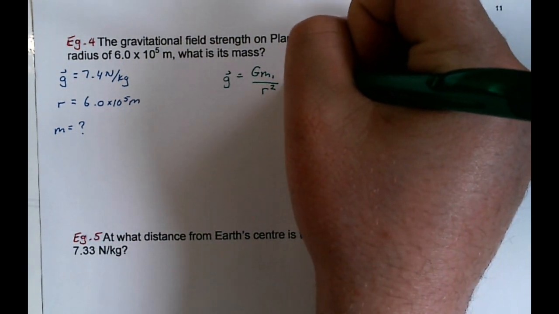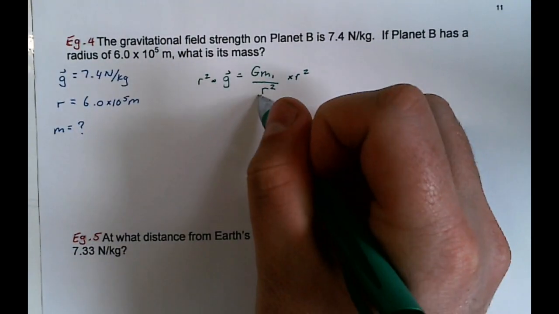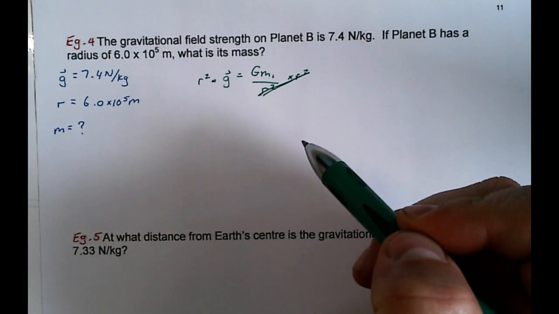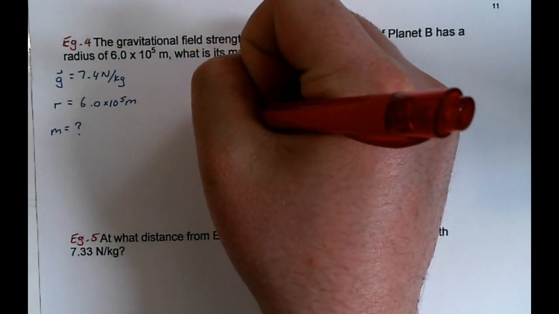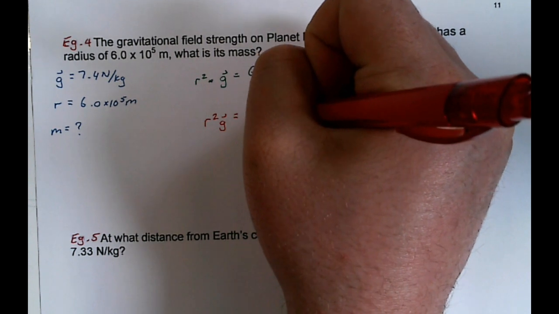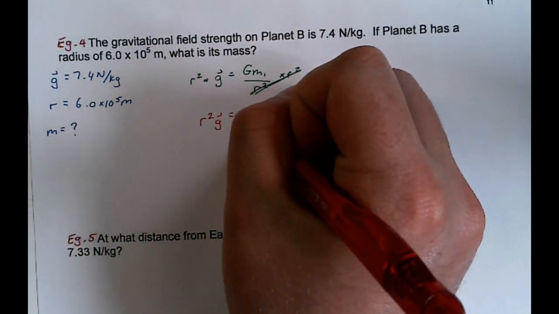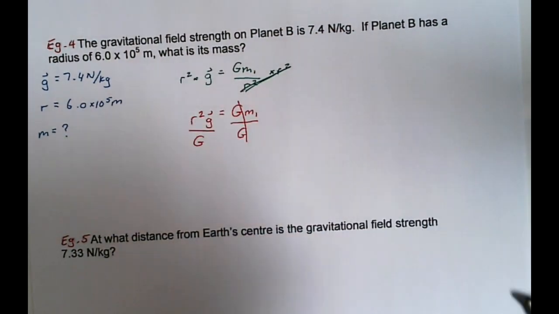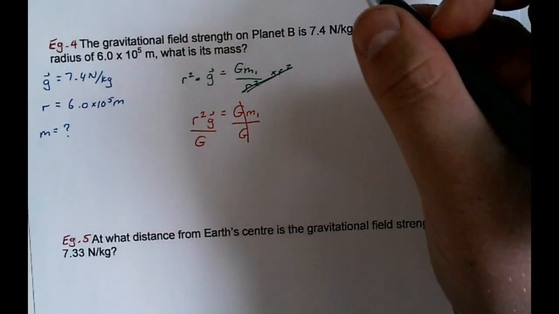We now have r squared times g is equal to G m1, divided by the gravitational constant. That will give us a final formula of m is equal to the gravitational field strength times the radius squared divided by the gravitational constant.